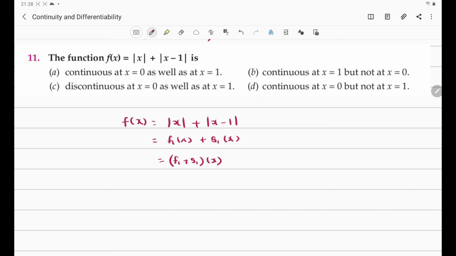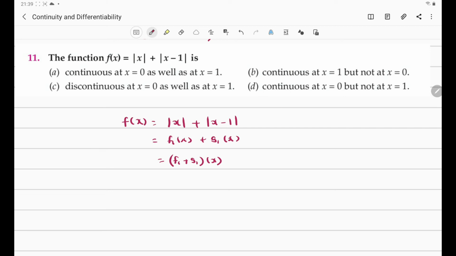If f and g are continuous functions, the sum of the two is always continuous. Here modulus x is a continuous function and modulus of x minus 1 is also a continuous function. So, the sum of these two functions is also a continuous function.